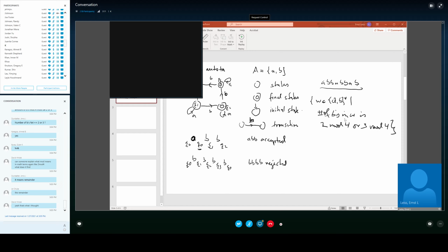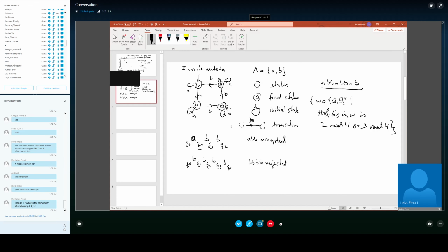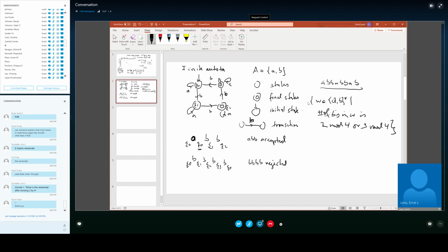So, everybody clear that this is what this automaton does? Could you read off the sentence one more time with the description? Where it says W in A, B star, this is a word consisting of A's and B's, and the number of B's in W is 2 mod 4 or 3 mod 4.